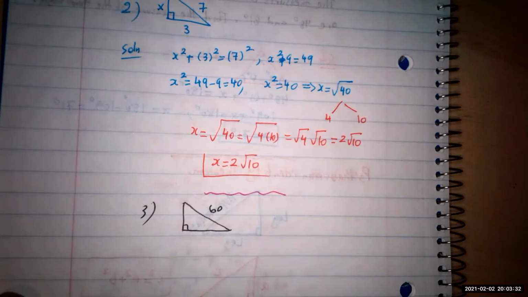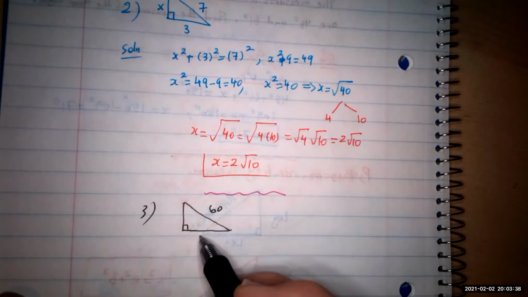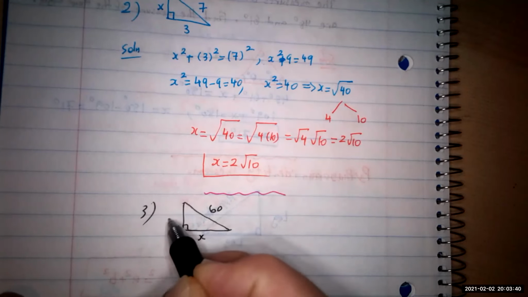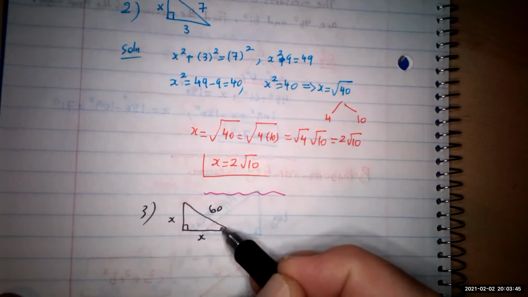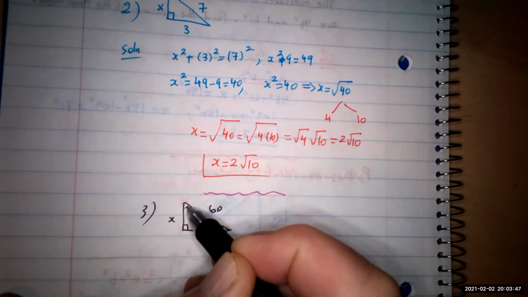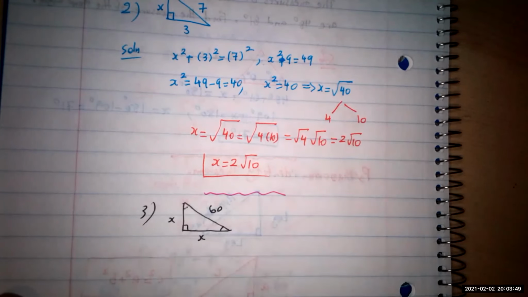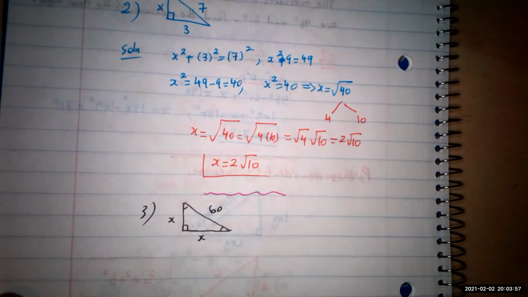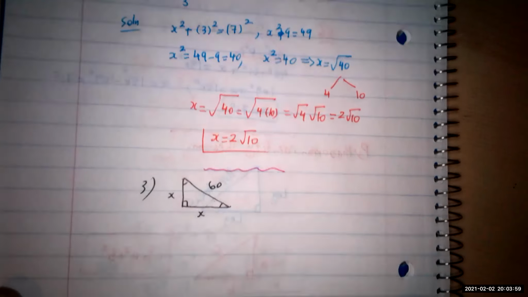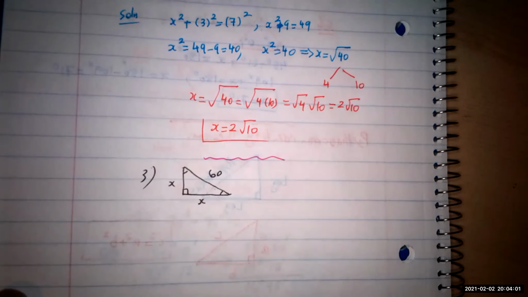Okay, and you have the other information that this is x and this is x, and they may tell you that this angle is 45 and the other is 45. That's why we get the x and the x. You can have 45, you don't need it. Okay, so these are 45, and we want to find x.